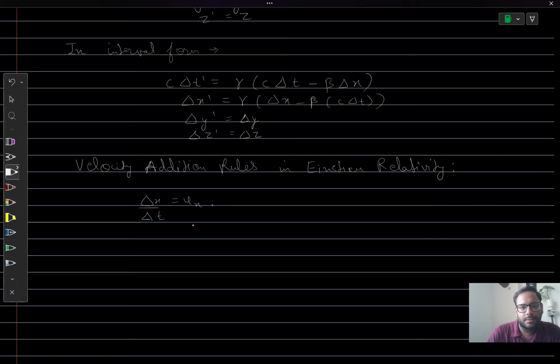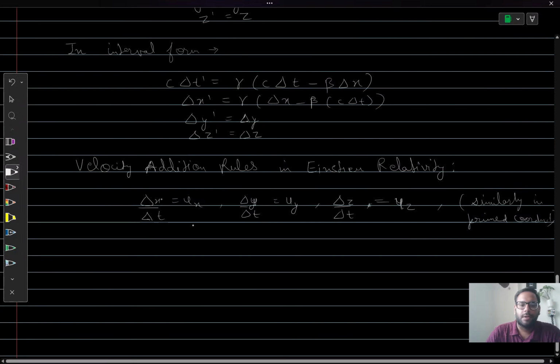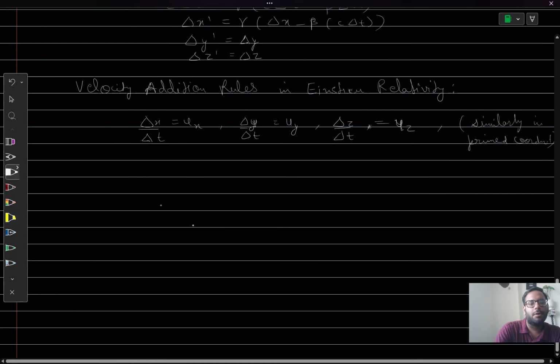This is ux, this is uy, and this is uz. Similarly, in prime coordinates you can define these things also, where you will have the prime on both the coordinates and also the variables.